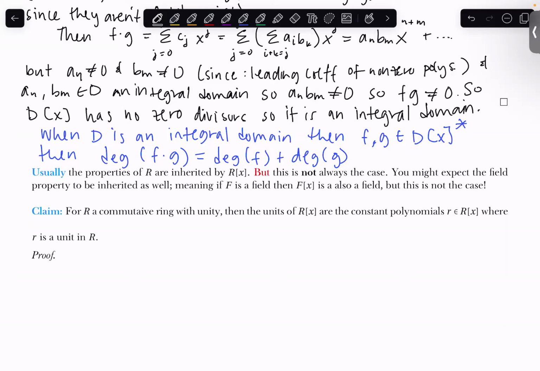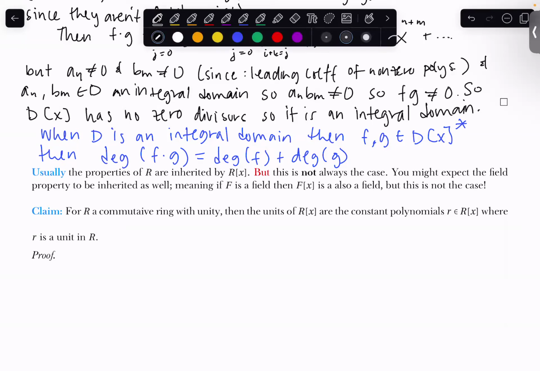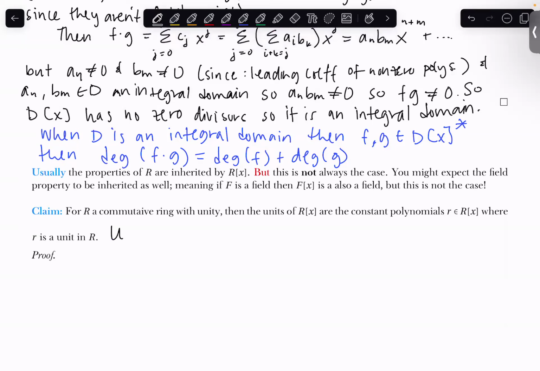They have to be constant polynomials, and they have to come from units from the ring to begin with. Okay, so here, again, this is really saying that the units of my polynomial ring are exactly the units of the original ring. Okay, so I really think these constant polynomials are going to give me back all of the possible units here, but this is not the same as just the leading 0.